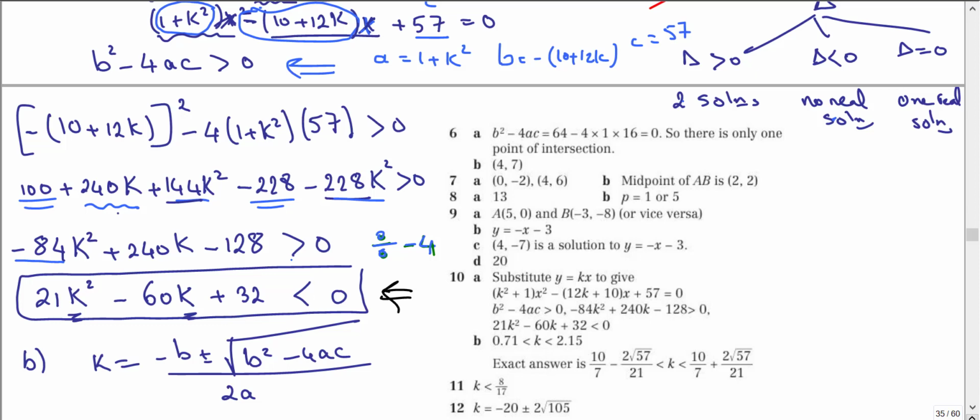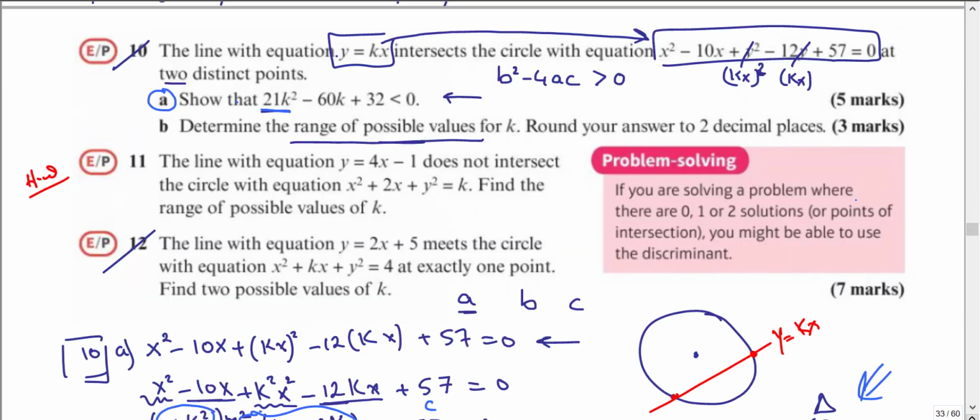Now, for any inequality, Adam, keep this in mind. When you divide all the terms by -4, you also switch the inequality sign. You see this? It was greater than. When you divide by a negative number, you switch. And this is what you need. This is what's required. This one. Are you following? Following, sir.